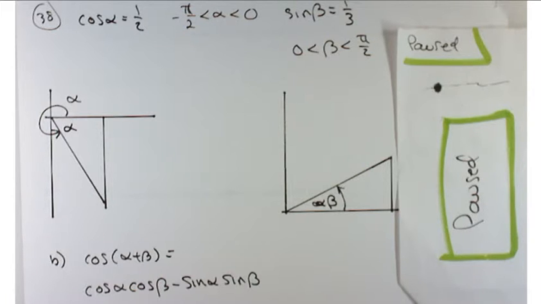Sine is 1/3 and cosine is 1/2. That's what I got when I did everything. Why? Because it's negative, so you have to square root it.